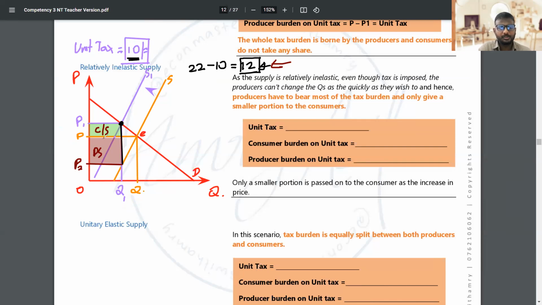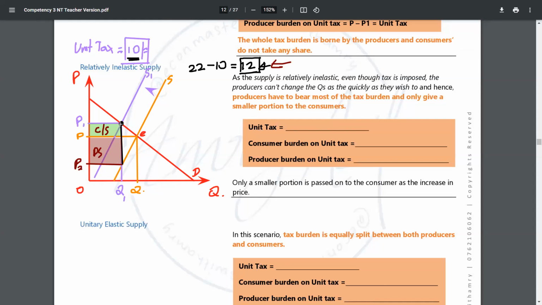Okay, so whatever area is above the old equilibrium would be the consumer share, and whatever tax part is below the old equilibrium would be the producer share.